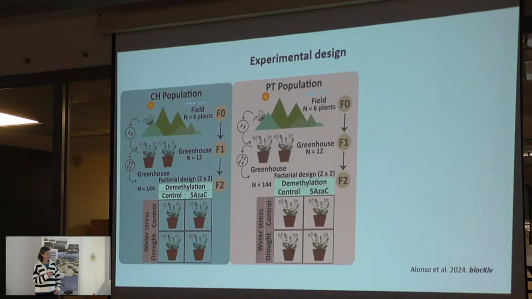This is the experimental design, and we took seeds from plants that were in the field. We grew them in the greenhouse for a generation to homogenize the environment in which they grow.